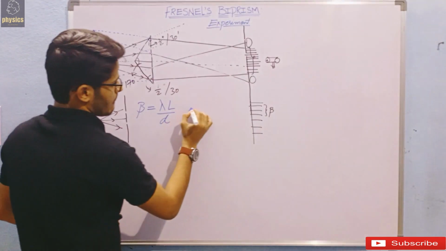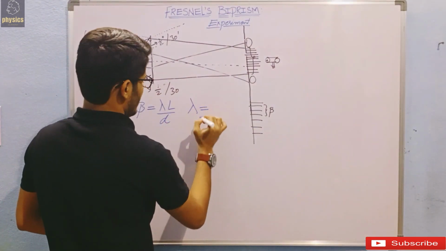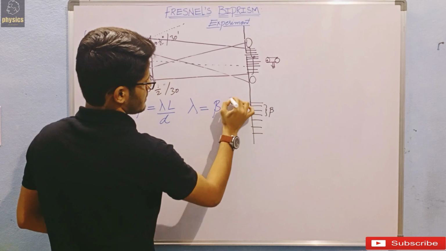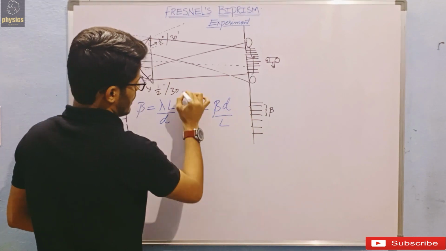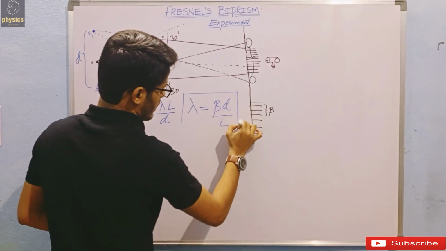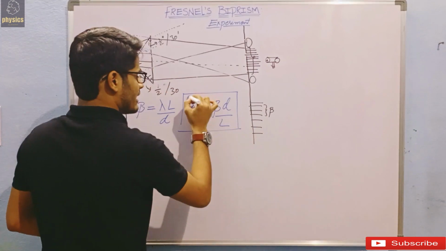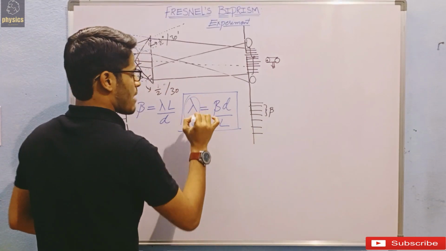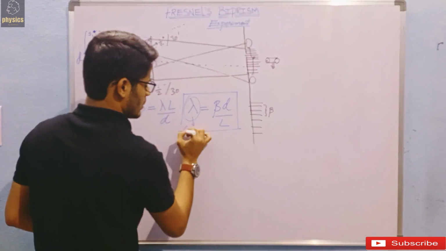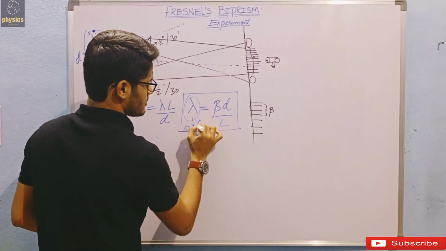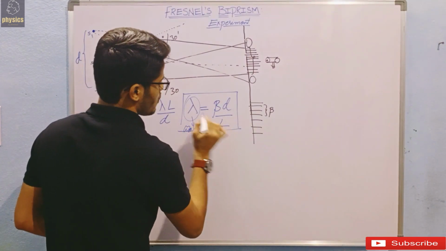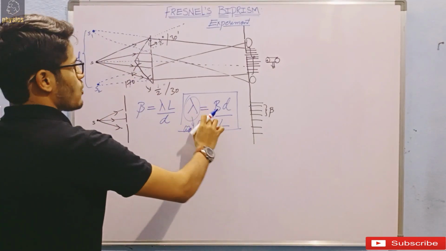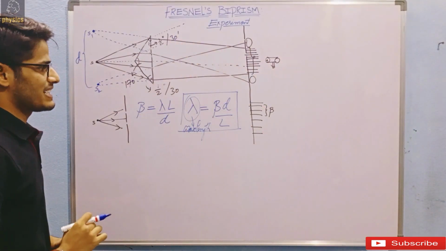So from here, lambda is equal to beta D by L. By using this formula, I can find out the unknown, which is lambda, the wavelength. So I'll be using this formula in this experimental setup.